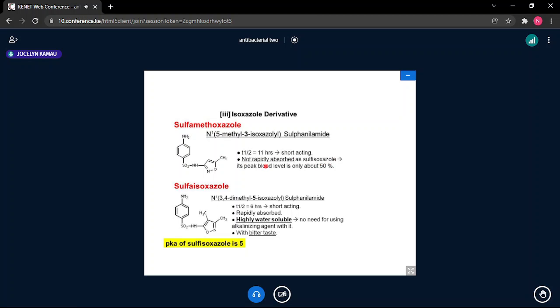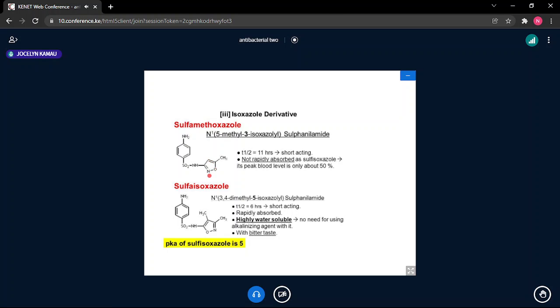So when we compare sulfamethoxazole with its isomer, what are some of the differences that we note? We note that both of them have the isoxazole ring.